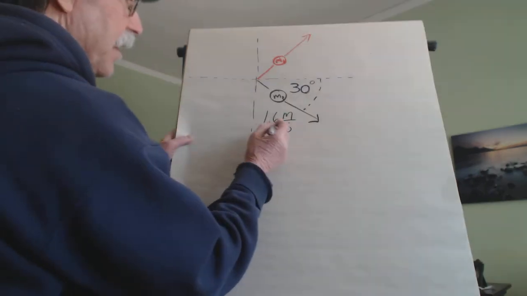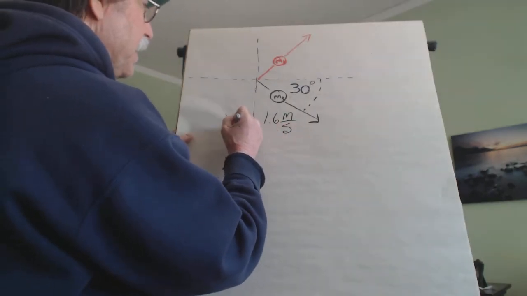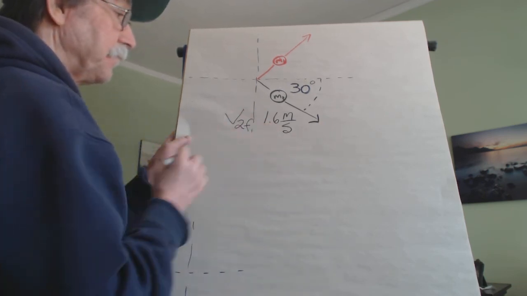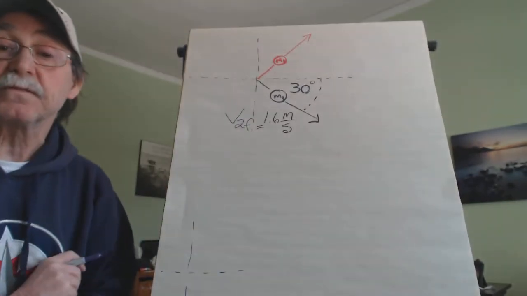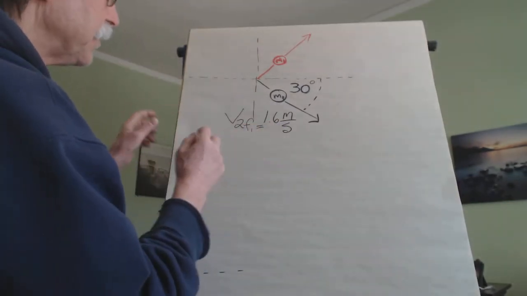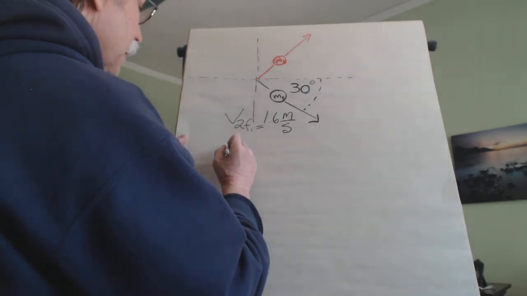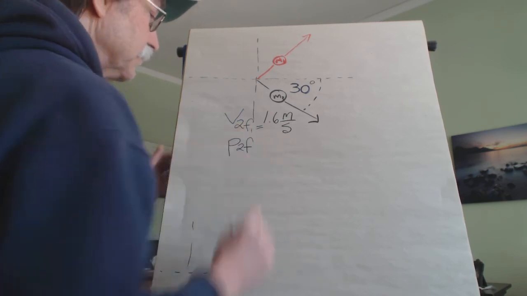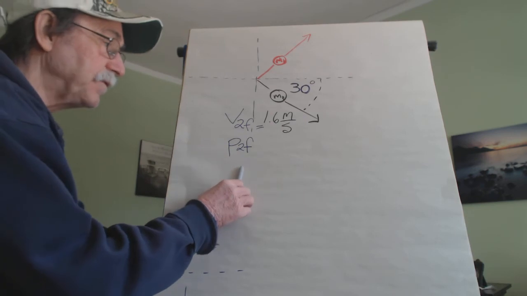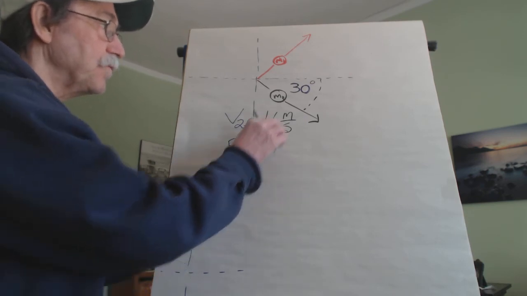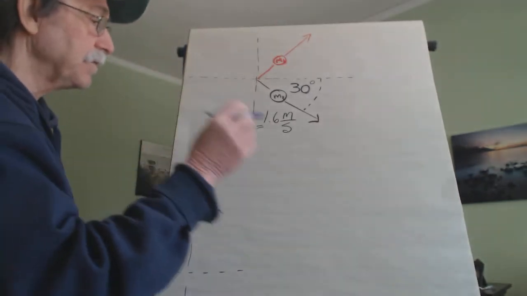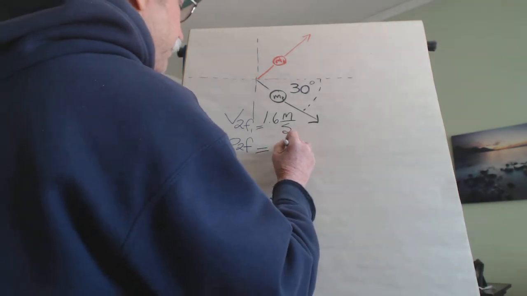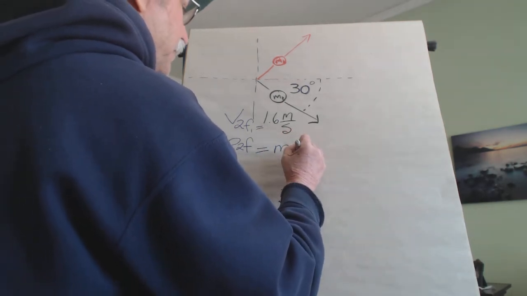I'm going to label this V2 final, equal to 1.6 meters per second. Let me add P2 final as well, the momentum of this rock. What is momentum again? Momentum is equal to mass times velocity.